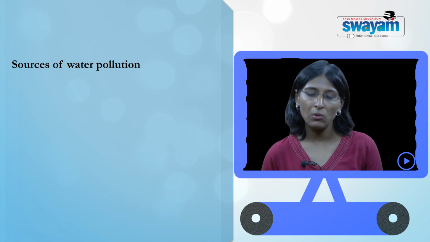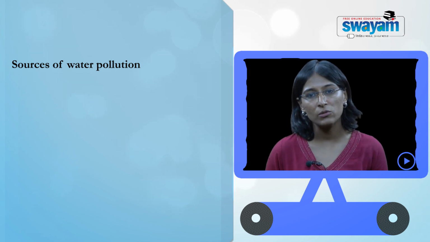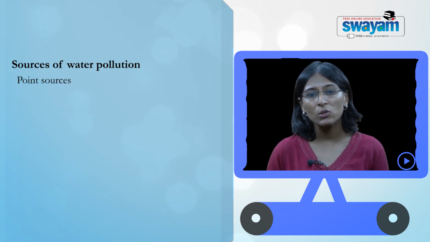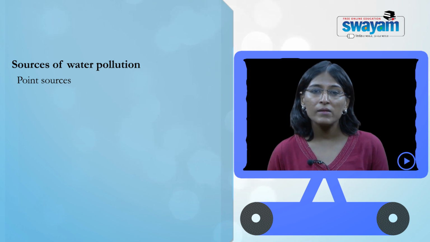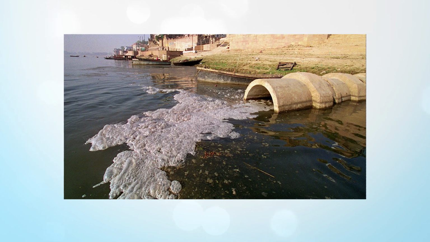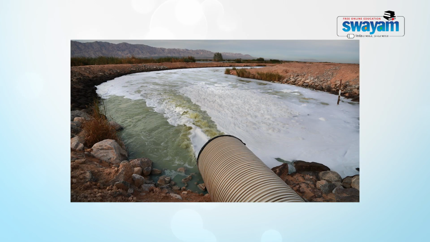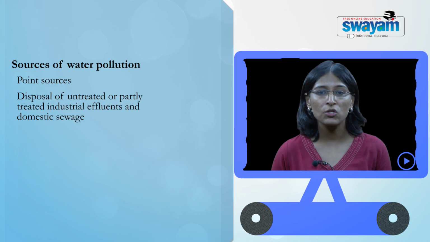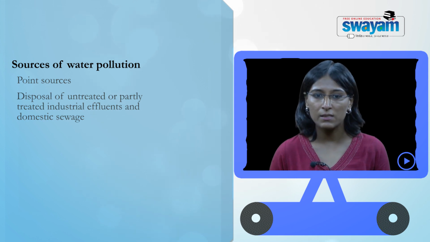Now, there are two main sources of water pollution: point sources and non-point sources. What I mean by point sources is where there is disposal of untreated or partly treated industrial effluents from industries and factories or domestic sewage through our sewer systems.